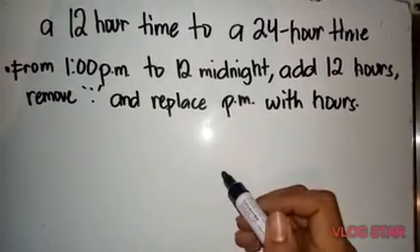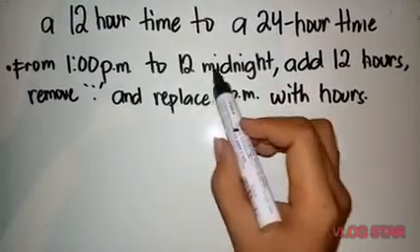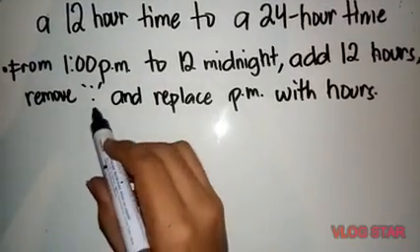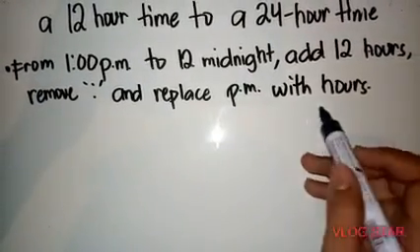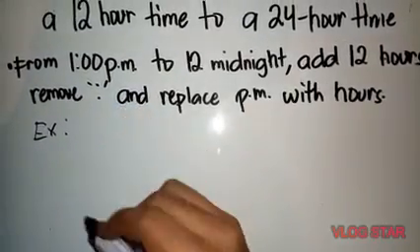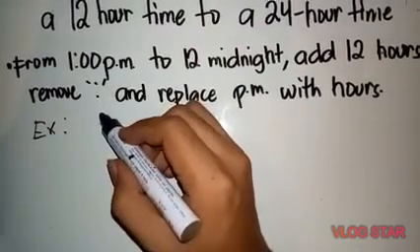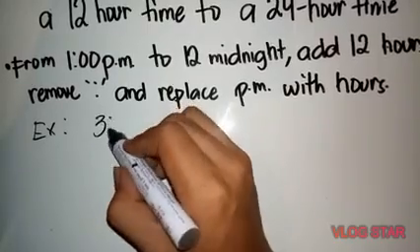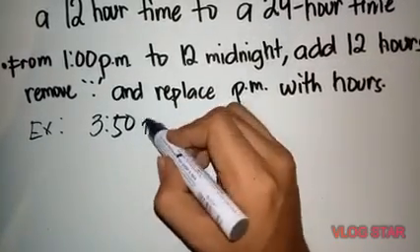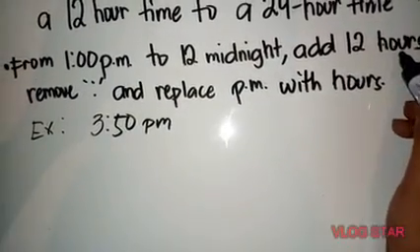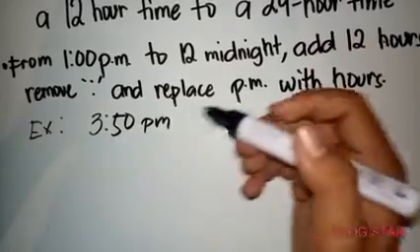So next bracket of time is from 1 p.m. to 12 midnight. Add 12 hours, remove the sign, and replace p.m. with hours. Example is 3:50 p.m. First is add 12 hours to the hour part.